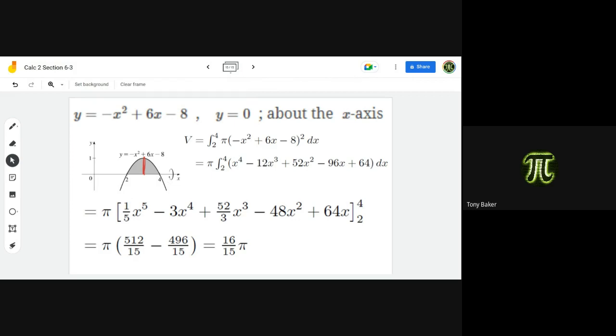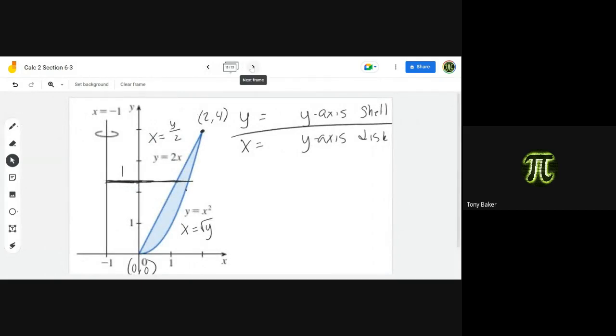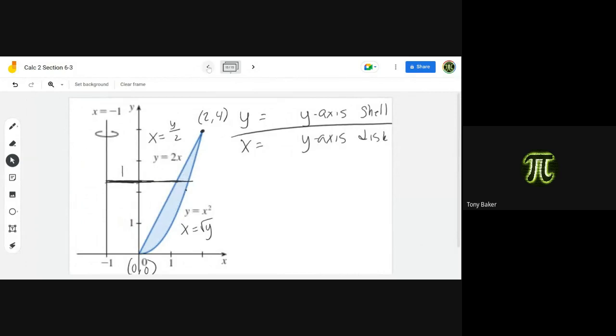In previous examples, last class, we did an outside area and an inside area. Actually, I can go back to this one, which is a perfect example of that.